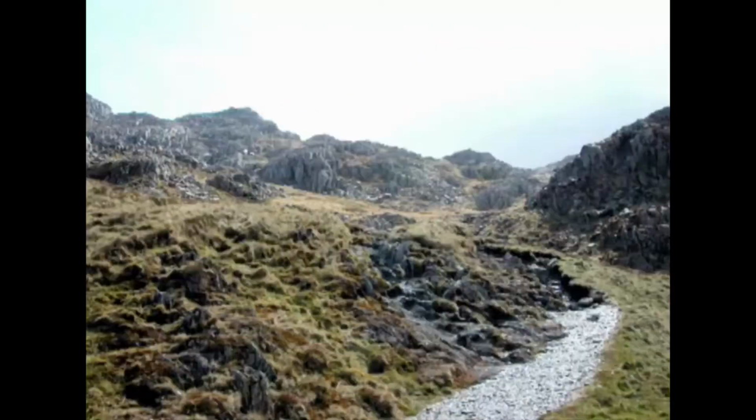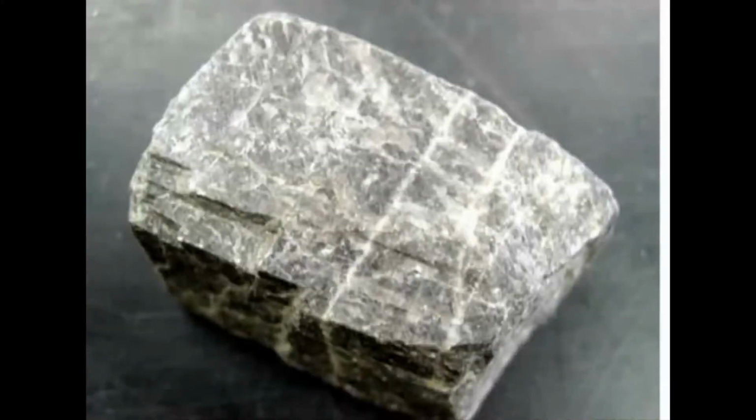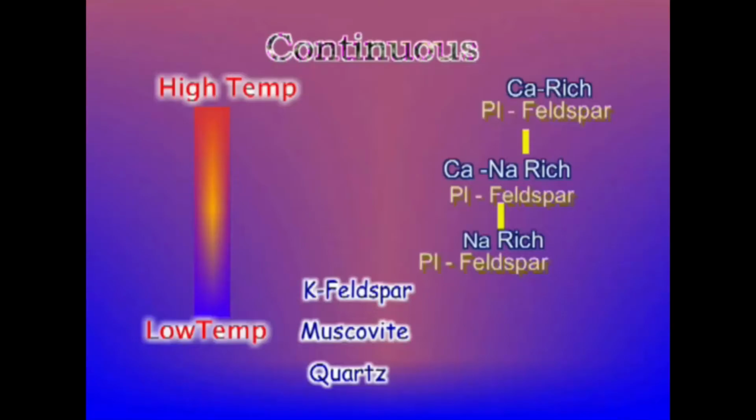For example, in a basaltic melt, the first plagioclase to form might be 100% calcium and 0% sodium plagioclase. As the temperature drops, the crystal would react with the melt to form 99% calcium and 1% sodium plagioclase, and that composition would crystallize.